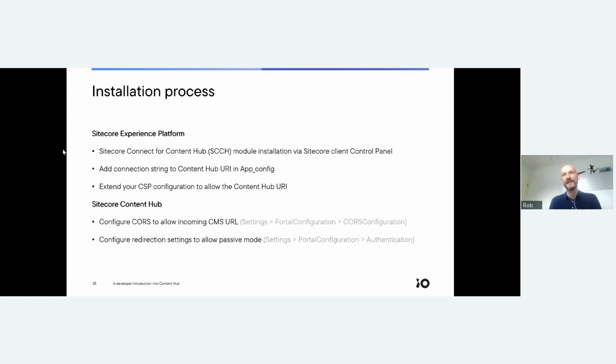For now, just take this for granted. I'm not going to explain how the authentication works, but you can, by the way, very easily also configure single sign-on with Active Directory and stuff within Content Hub too. Nice to know. But for this, we need passive mode.